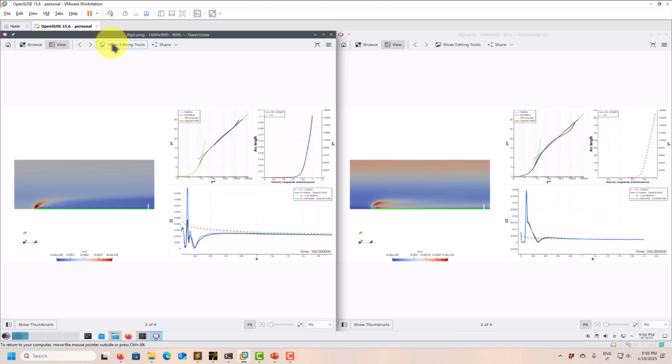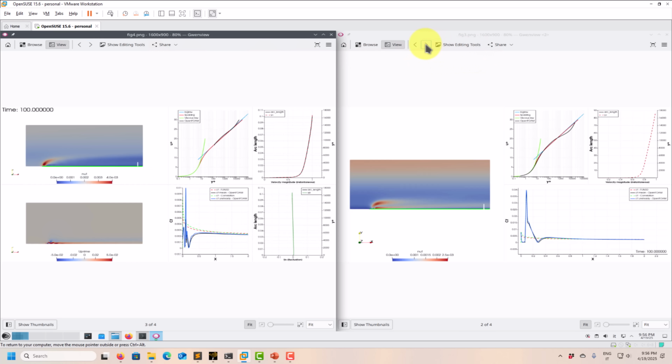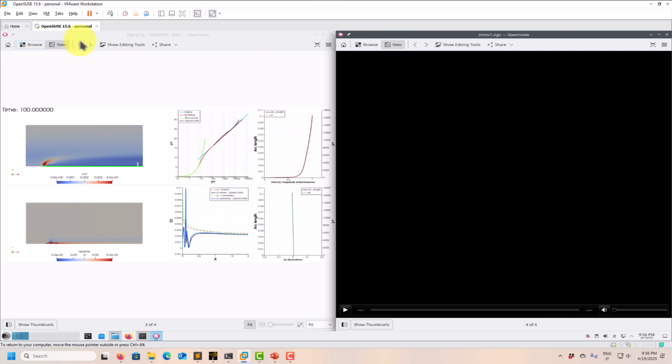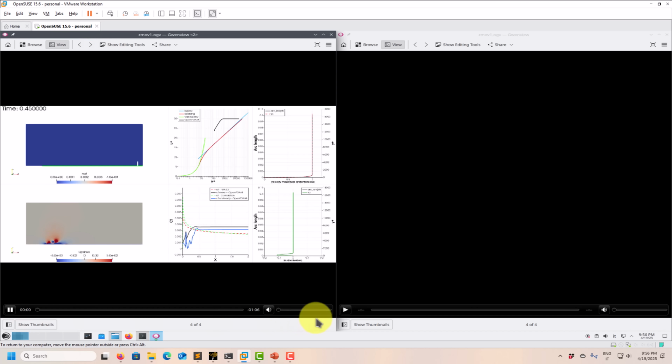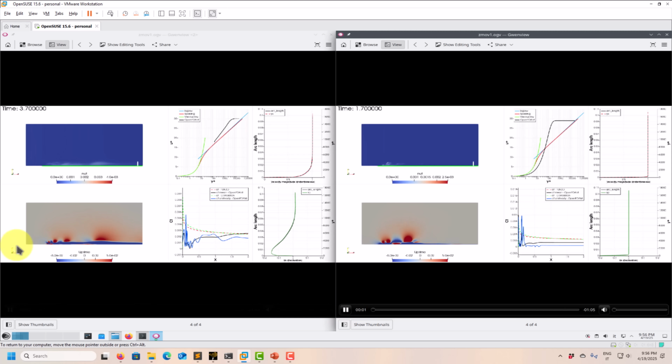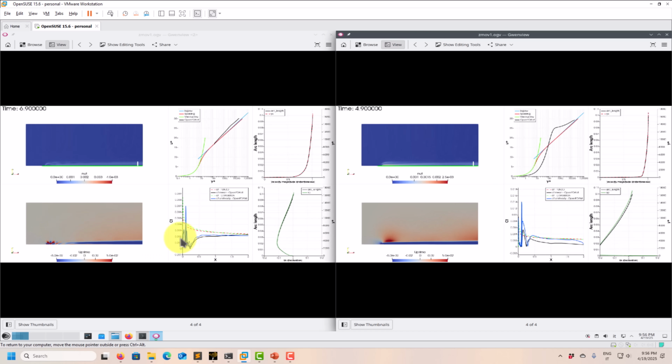This is a still image, so let's take a look at an animation to see what happens. Look at how interesting. See that at the beginning you have some effect, but then, this is the low Re, look at that, everything is diffused and you don't have the fluctuation anymore.